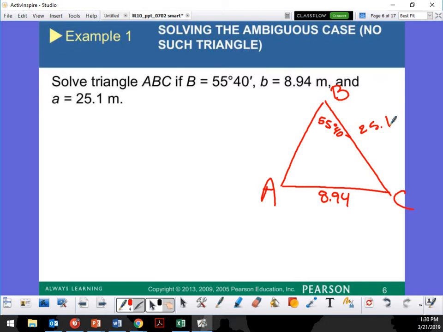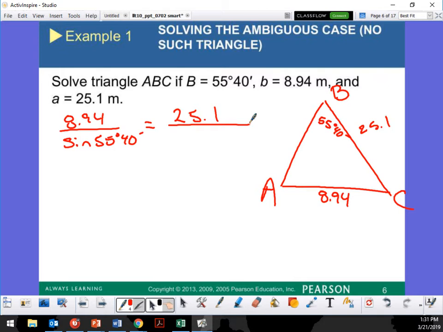Yeah. But this time we're going to talk about angles. We're not solving for sides, we're now solving for angles. So let's set this up. It's going to be 8.94 over sine of 55 degrees 40 minutes is equal to 25.1 over, what?